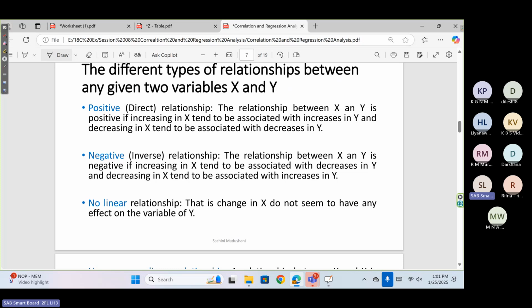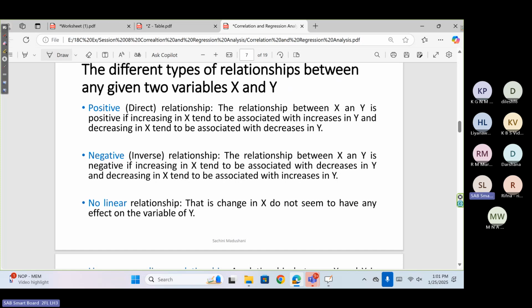Then for supply, the quantity supplied and the price have a positive relationship. Same here. We can identify positive or negative, or in other words direct or inverse. Positive is direct, negative is inverse.